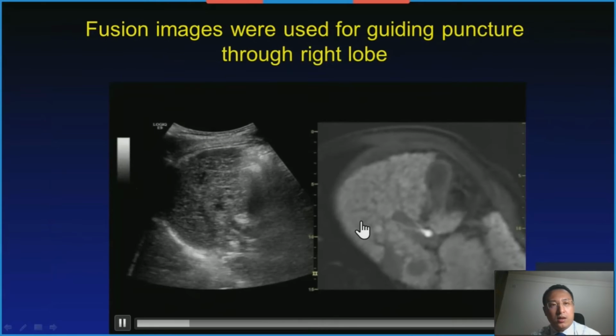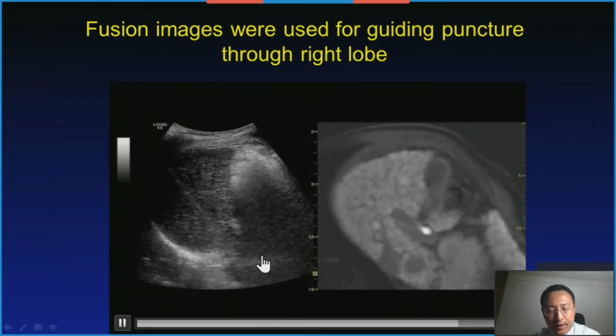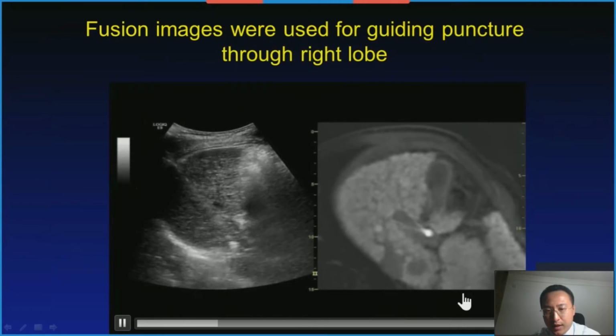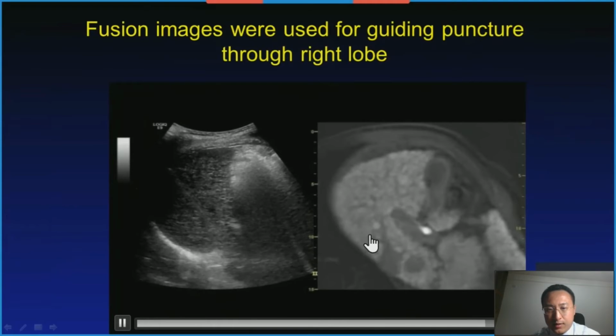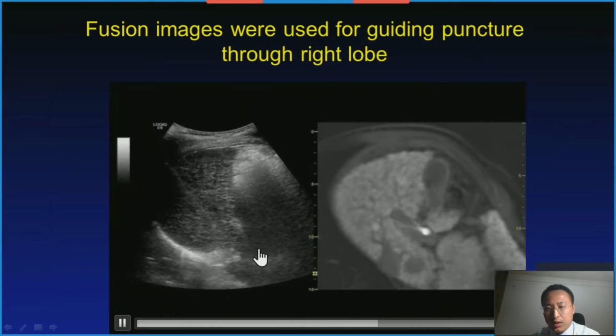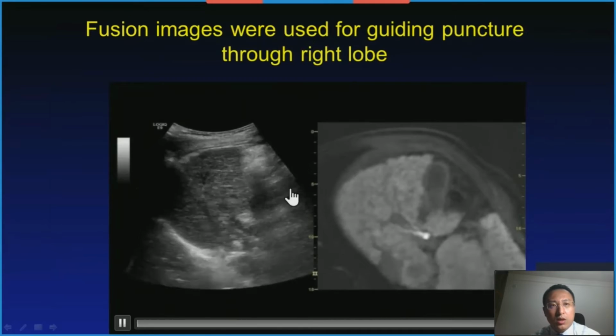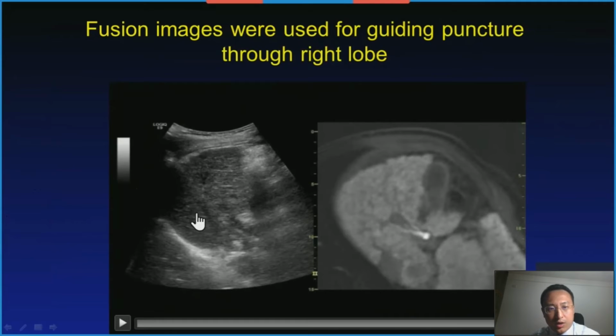So we use the fusion images. From the fusion images, we can identify this area is left lobe, and the common bile duct is a little distance from the tumor. So we use fusion images for guiding puncture.